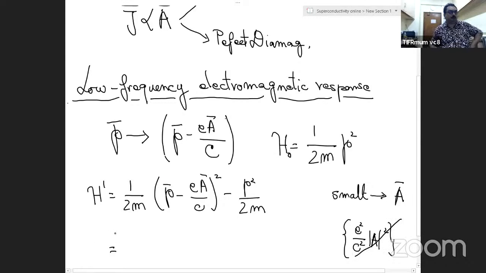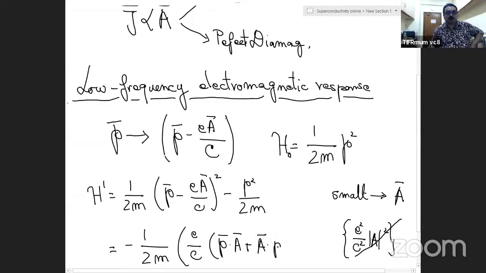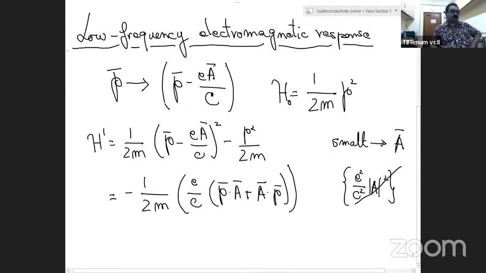If I ignore that, then what I will get is minus 2m e by c into P dot A plus A dot P. Actually, I am not writing twice A dot P because when I have to do quantum mechanics, P actually is an operator.